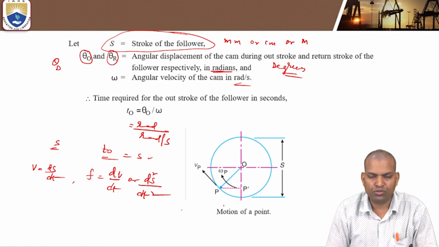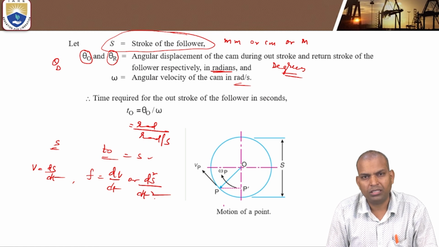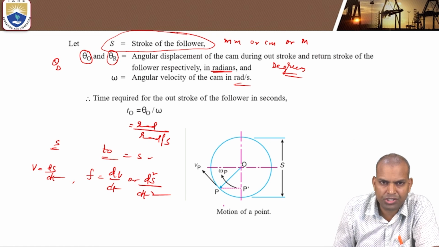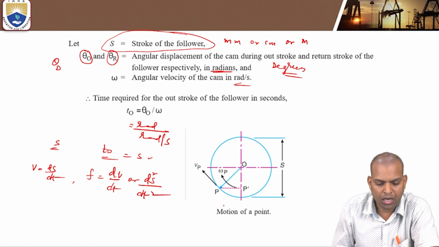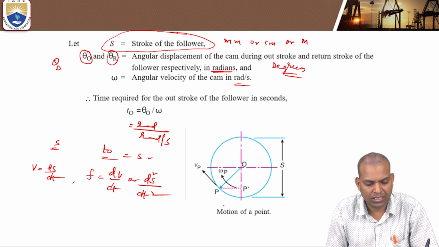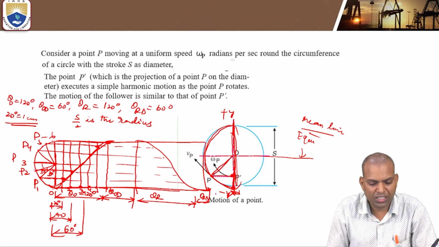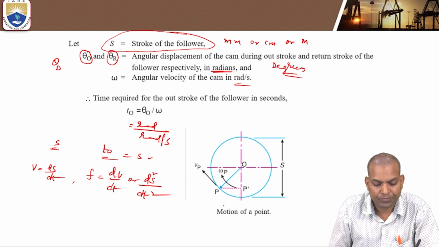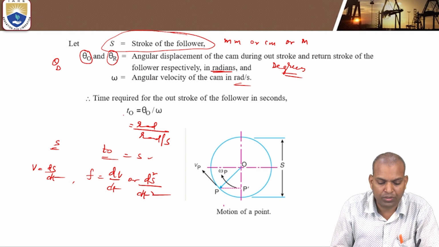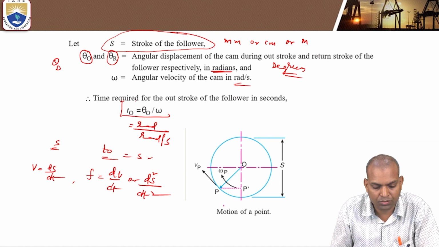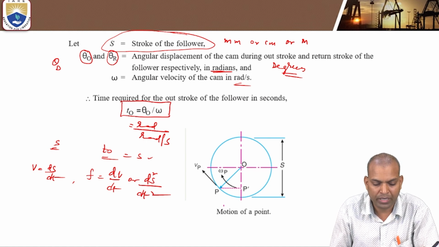That concept we use here to calculate the velocity and acceleration of the follower when it is under simple harmonic motion. Now the time required for the outstroke of the follower in seconds is t naught equal to theta naught by omega.